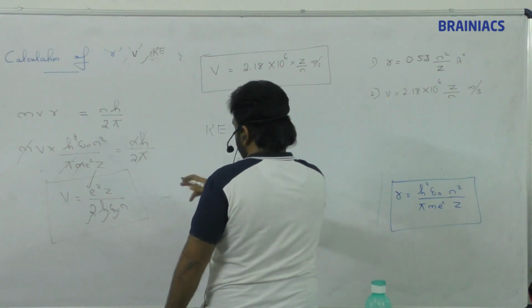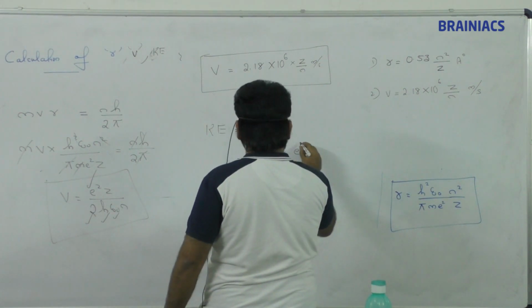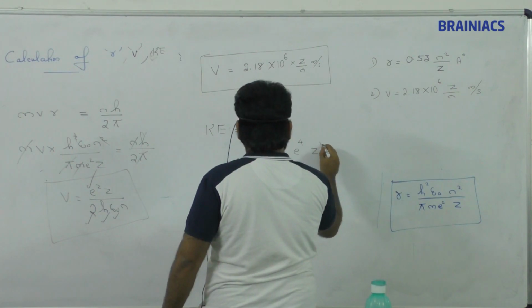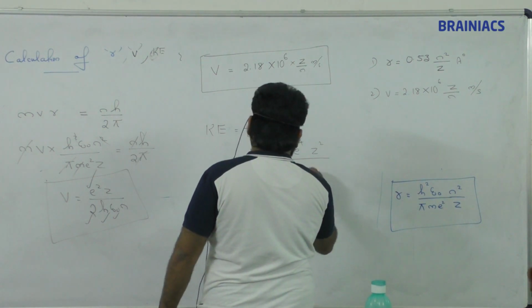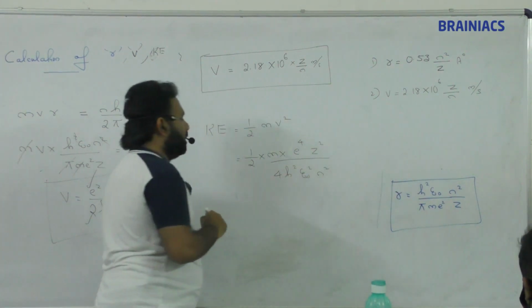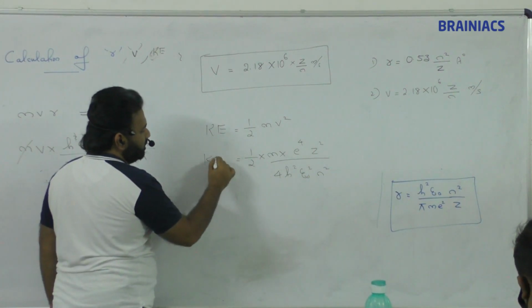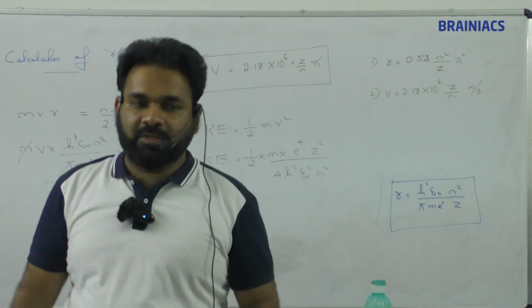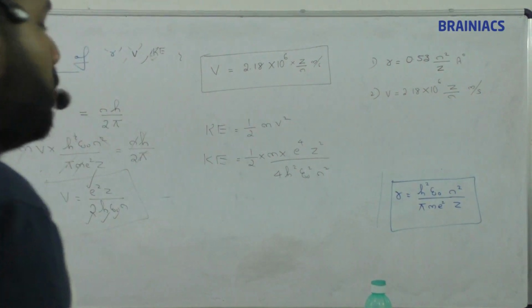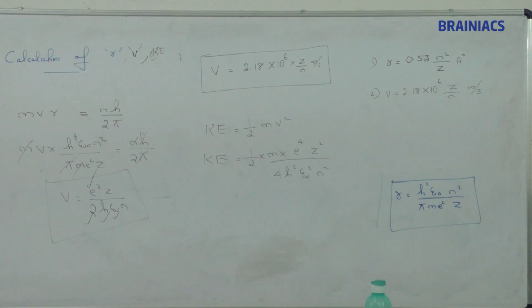So this one. e raised to 4 into z square divided by 4 h square epsilon naught square n square. So this is kinetic energy. Half m e raised to 4 z square by 4 h square epsilon naught square into n square. Clear?